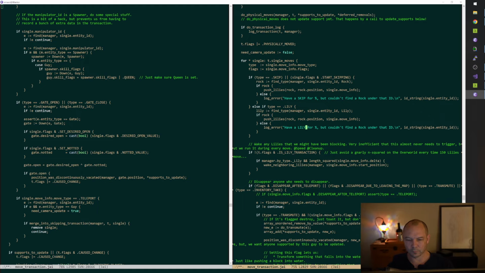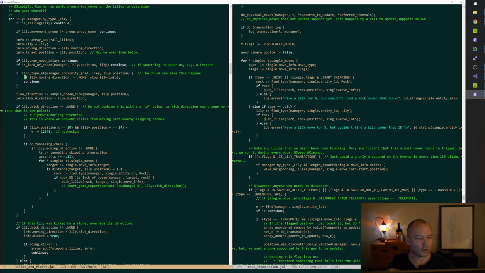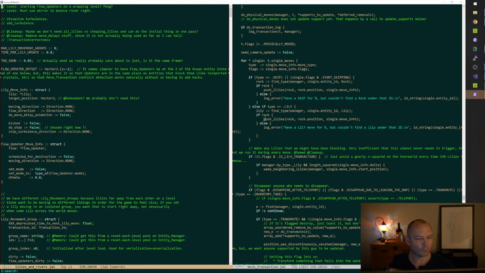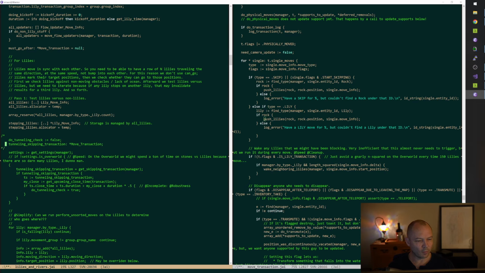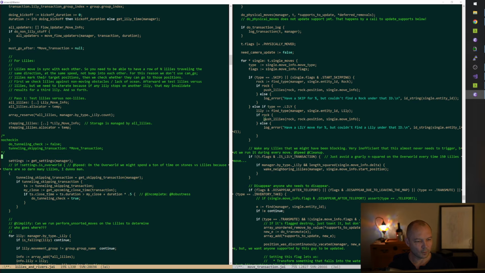Now, this is where it's a little less straightforward. So we're going to get rid of all this tunneling check stuff because it no longer makes sense. So we get rid of that.